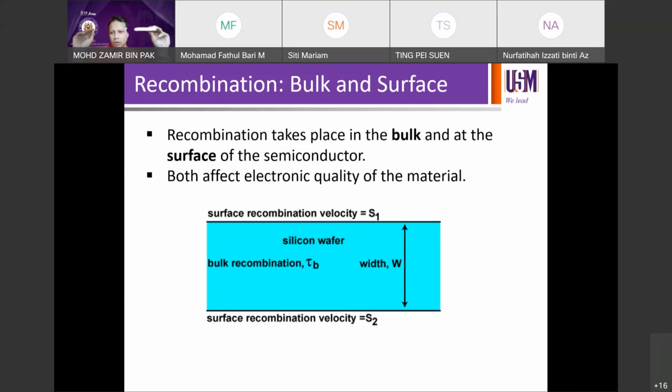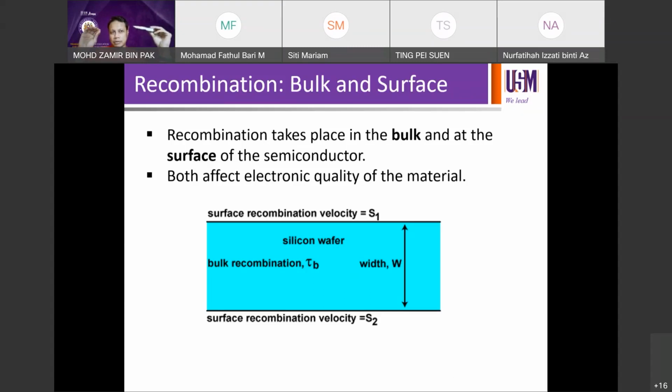In the other case, you're working on 2 micron thickness, W of 2 micron, and you have the very same surface area at the front and the back. In which case do you think your surface recombination will dominate? Is it in a thick device? Is it in a thin device?